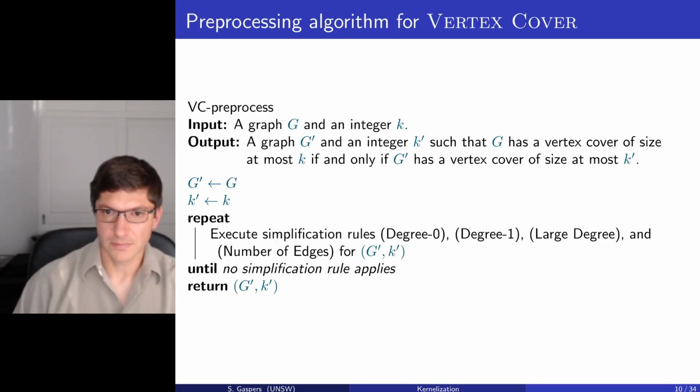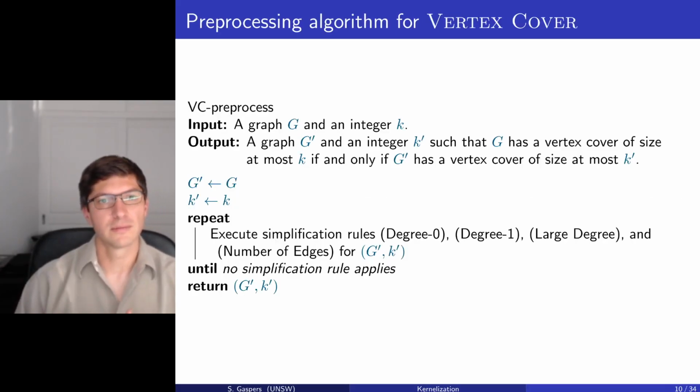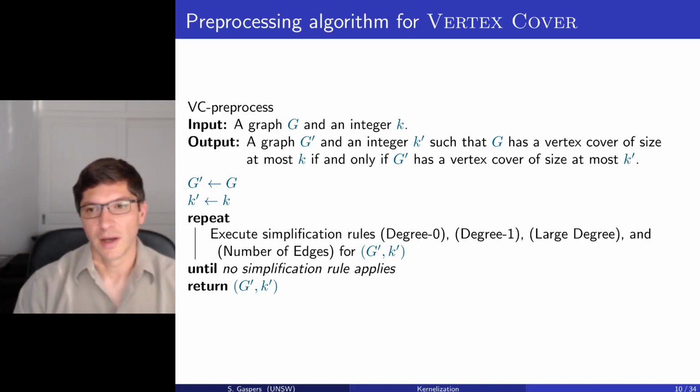Because this pre-processing algorithm might do something to our instance, it might actually return the input instance. But we somehow want to quantify how much it does for us.